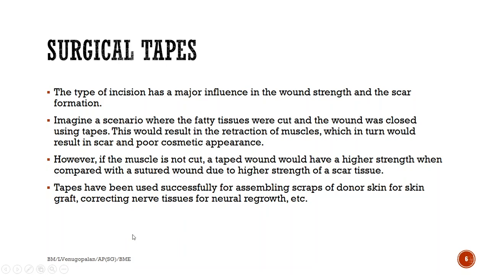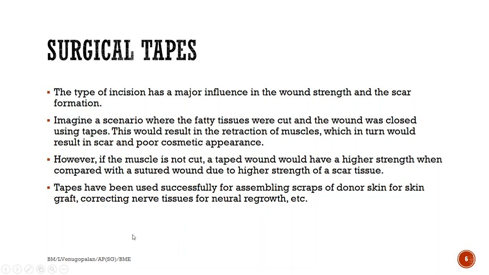However, if the muscle is not cut, a taped wound would have higher strength when compared to a sutured wound, and due to the higher strength of the scar tissue, right? So if you are not cutting the muscle, if you are making a superficial incision, then surgical tape would result in really strong healing, and would have higher strength when compared to using sutures for that case scenario.